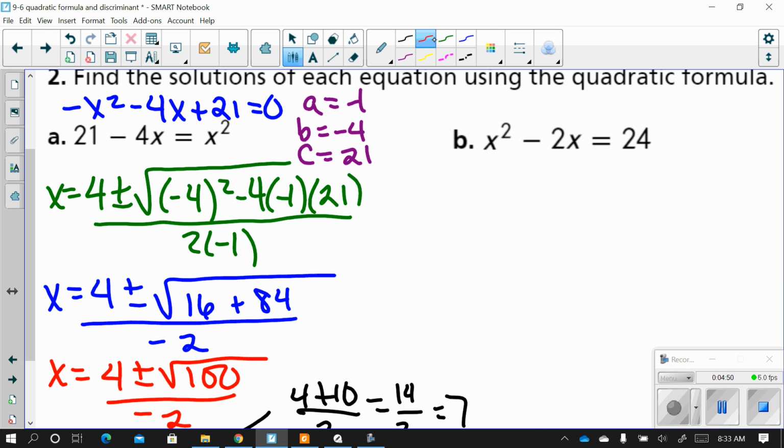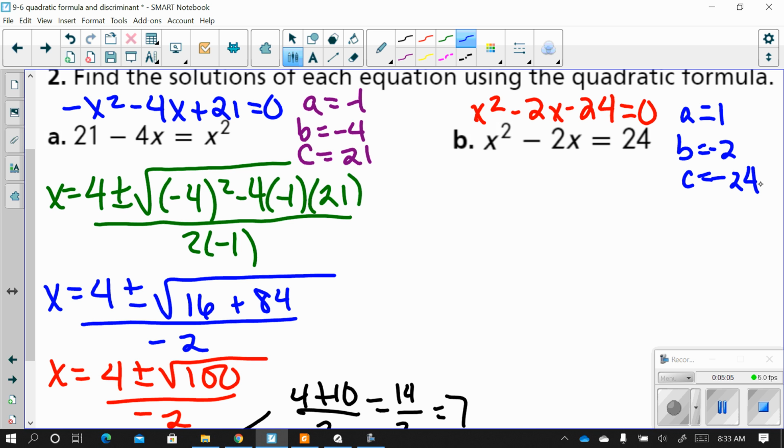First thing, again, you should always rewrite. And then it's probably a good idea to write down what a, b, and c are. And now we can plug and chug.